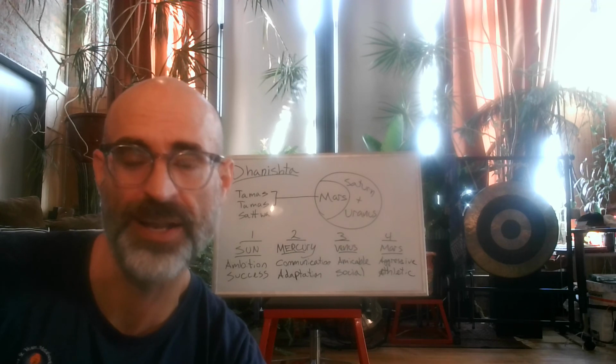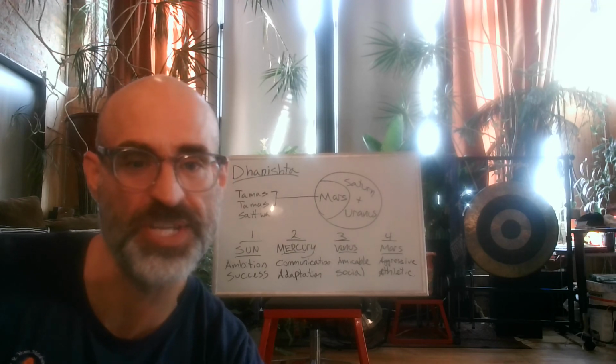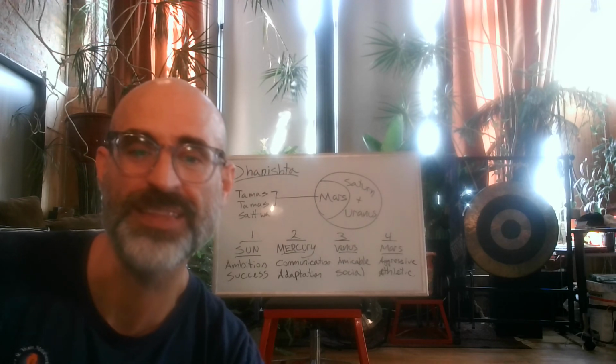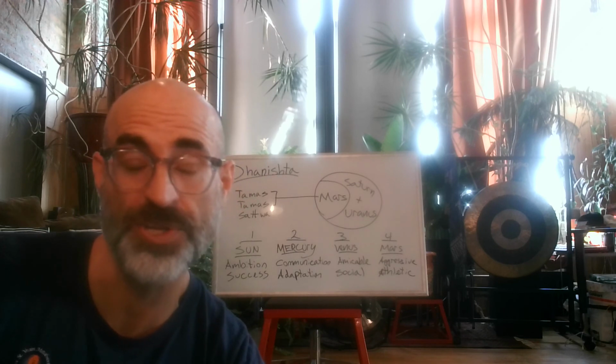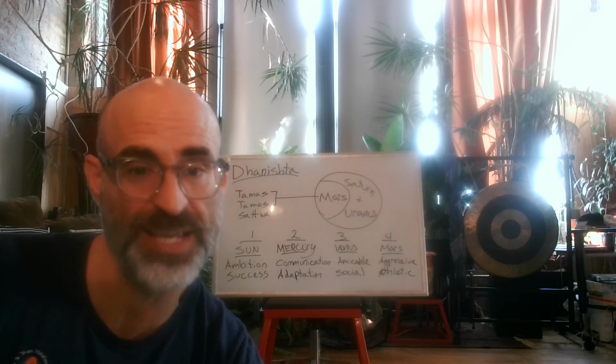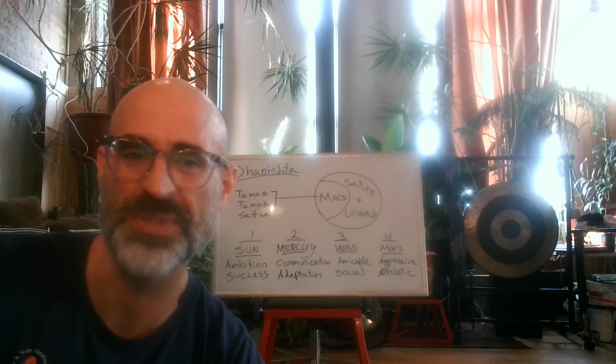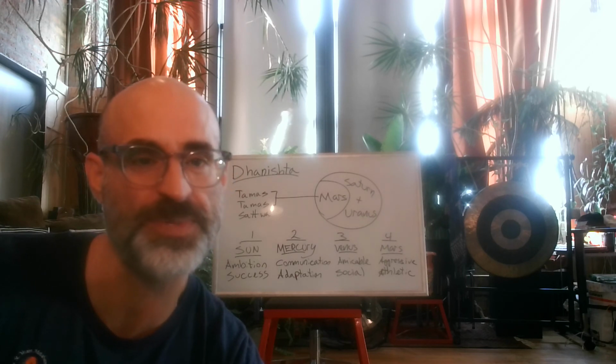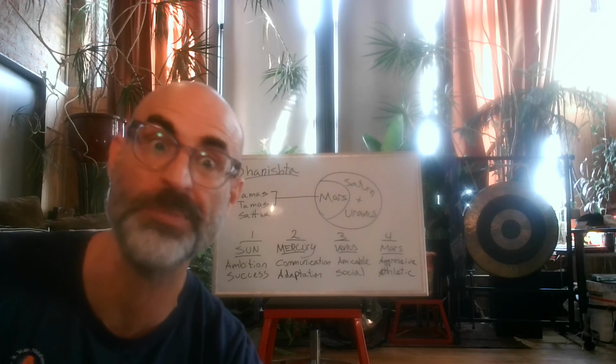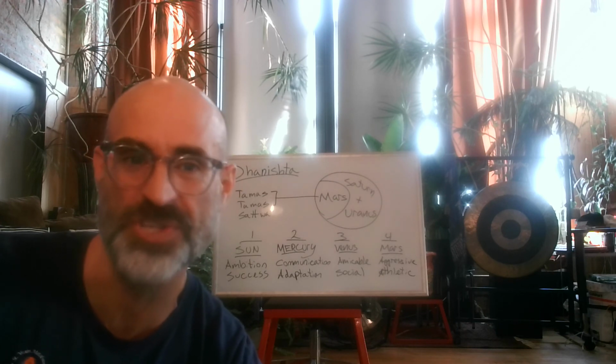So second pada is where we get the discerning energy of Dhanishta, the ability, and also communication ability and adaptation. And I thought this was, again, a lot of contradictory energies with this nakshatra, because I kept seeing obstinance, but then I kept seeing adaptable. And I'm like, all right, well, those kind of contradict each other a little bit.